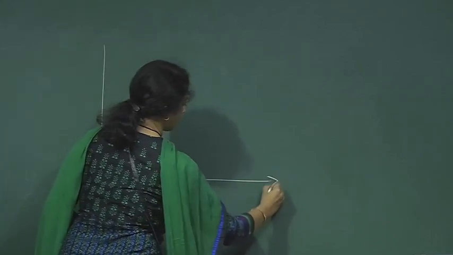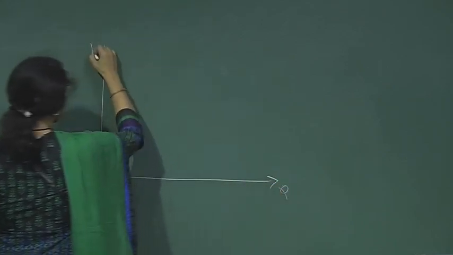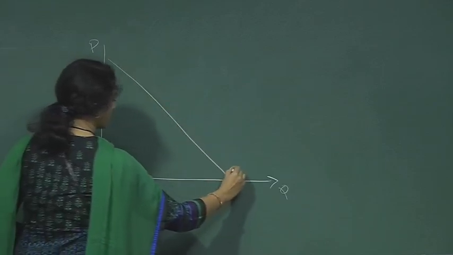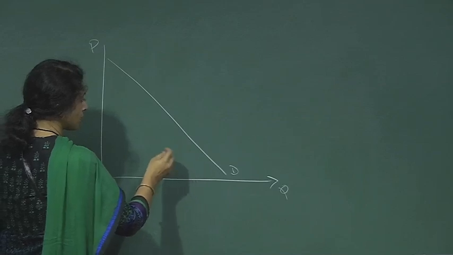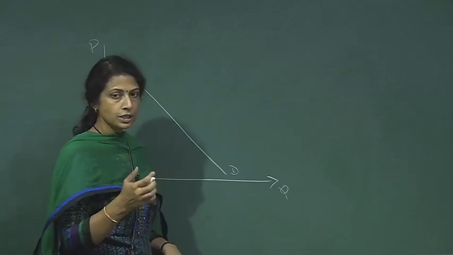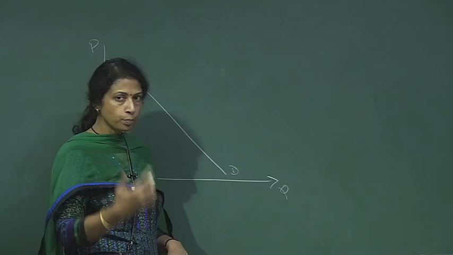I am going to illustrate consumer surplus through the demand curve. There is something called willingness to pay. And what is the demand curve? Every point on the demand curve shows how much the buyers are willing to pay for that quantity.